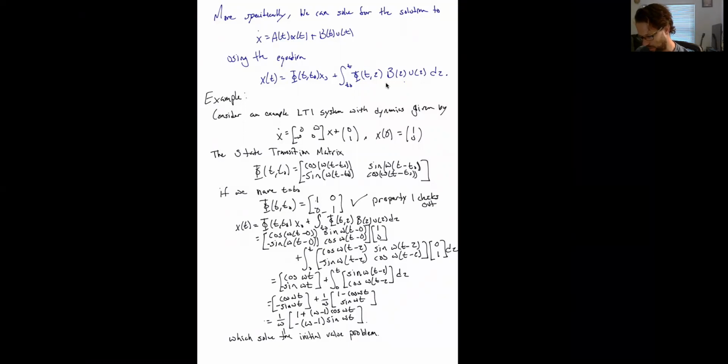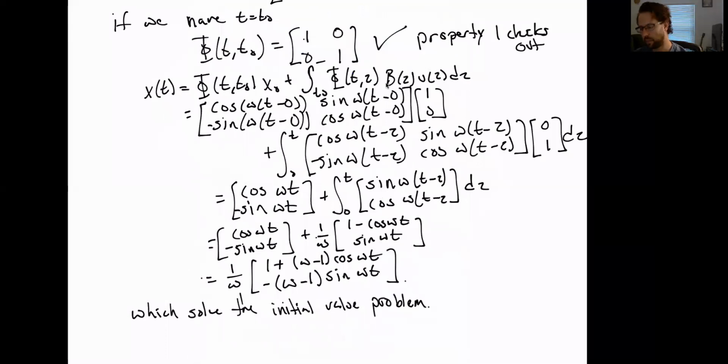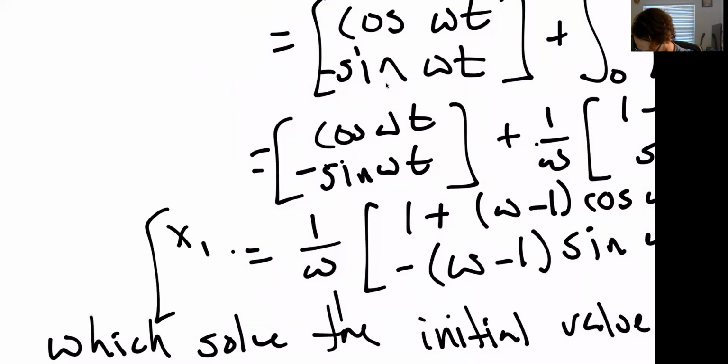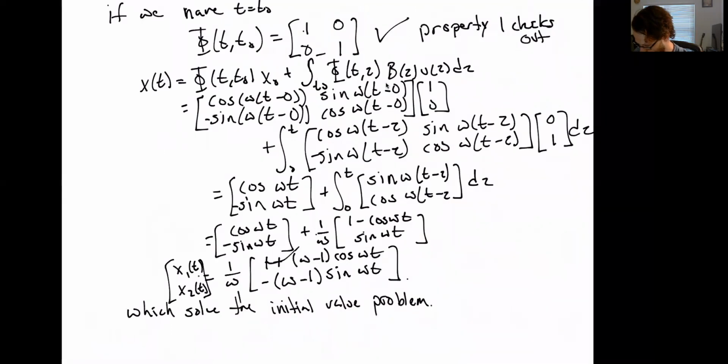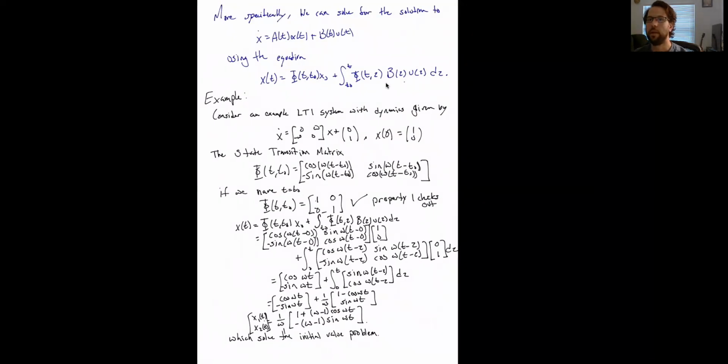And then we stepped through and found the solution to our system for both x1 and x2. Note that these are x1 and x2 of t here. Great. All right, that's all I have for you today.